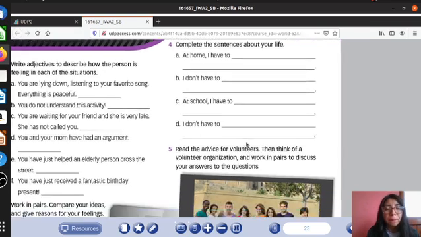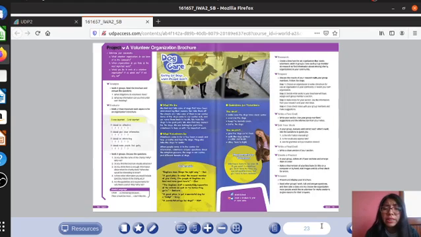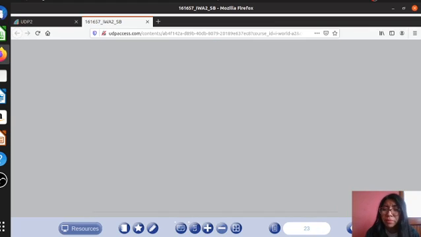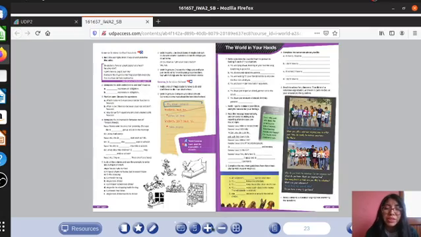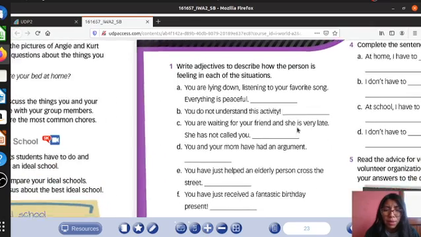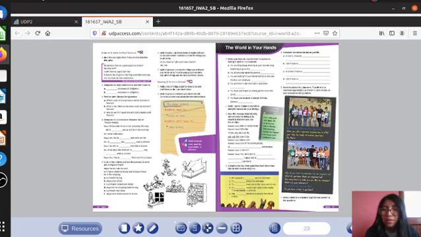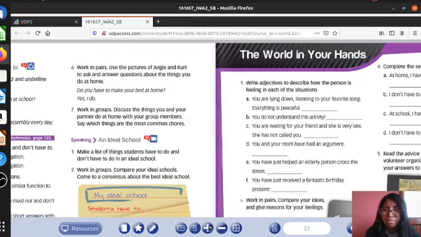Okay, and we are going to do the last exercise. Read advice for volunteers. Then think of a volunteer organization and work in pairs to discuss your answers and questions. Okay, we are going to read that. As you notice, maybe there is a group of volunteer teens, and we are going to read what it's about. Okay, vamos a leer. Sorry, wait a minute, please. That is somewhat complicated.